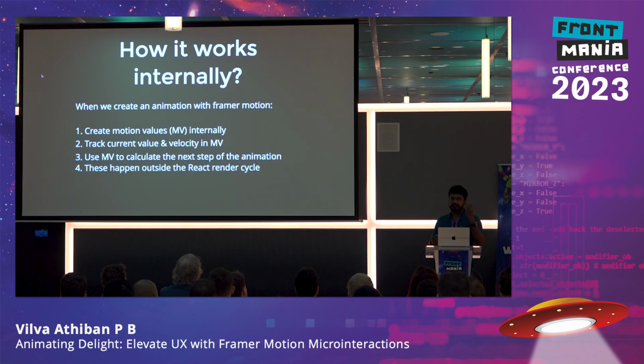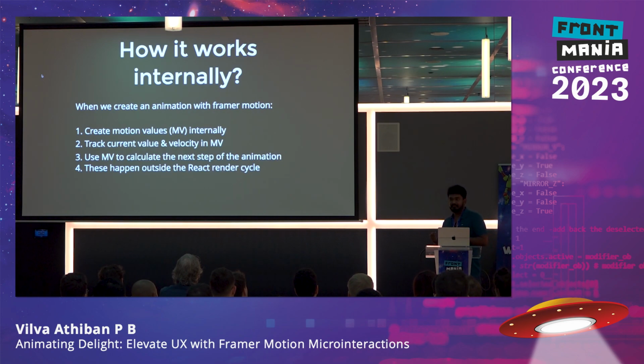So if you have a starting point, and the component is getting animated, it keeps track of the current data and the speed at which the component is moving. And since it has both, it uses basic math to calculate the next step of the animation. This way, it knows where the animation starts and how it goes. And the beautiful thing about using Framer Motion is that this doesn't happen within React's render cycle.